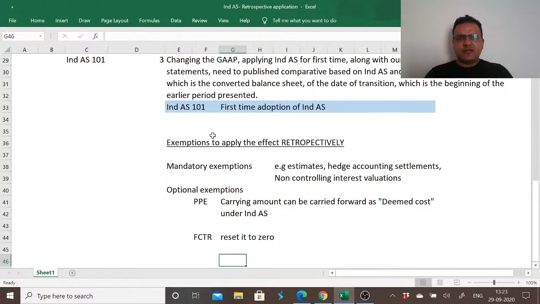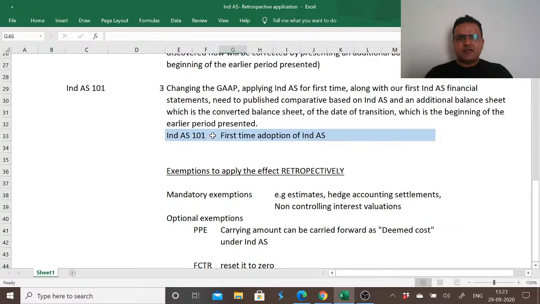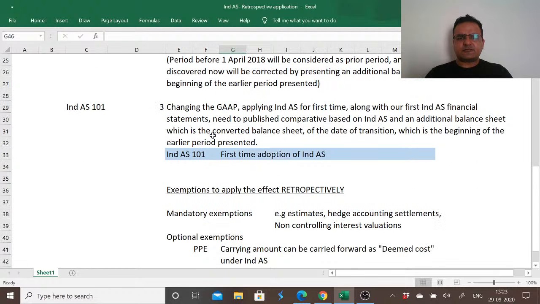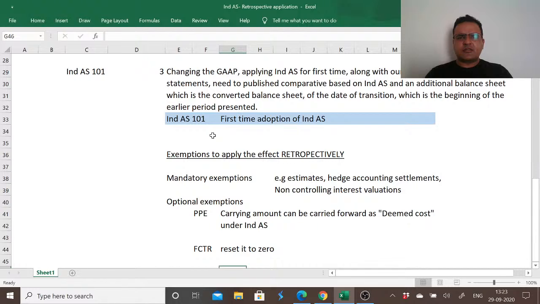This is helping us to move away from Ind AS 8 accounting policies, changing accounting estimates and errors, because in that case we would have to apply the effect retrospectively to each and every line item which we are changing or changing the accounting policy. In case of Ind AS 101, we are given optional exemptions and mandatory exemptions.